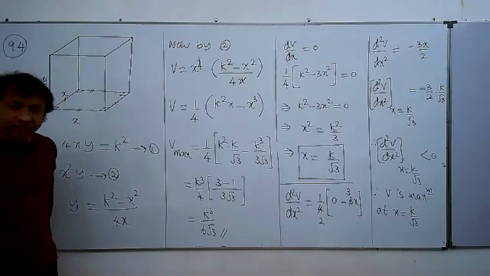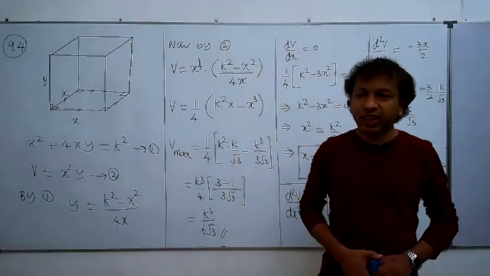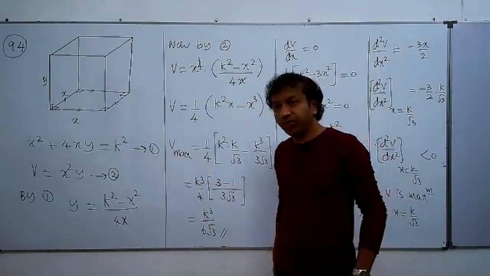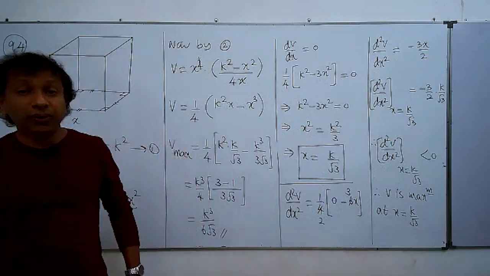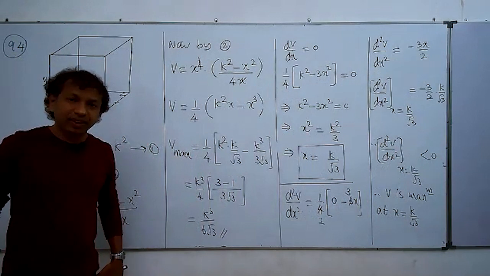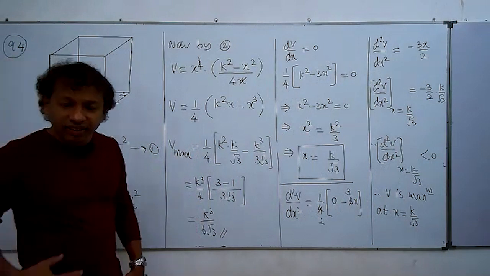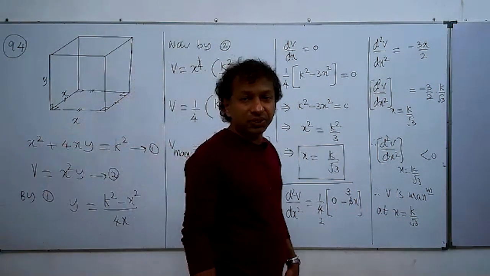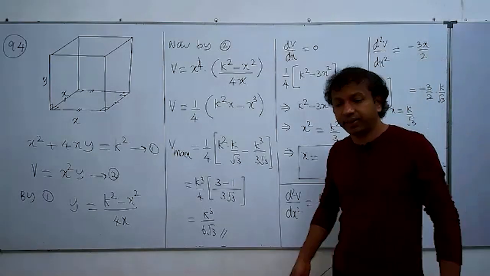Now, people, practically, if you need to form this kind of box, we have to first calculate the length, width and height using your differentiation knowledge. And then you have to go to the person to get it made, giving these parameters. Otherwise, you won't get the box with the available area having maximum volume, right? Very practical.